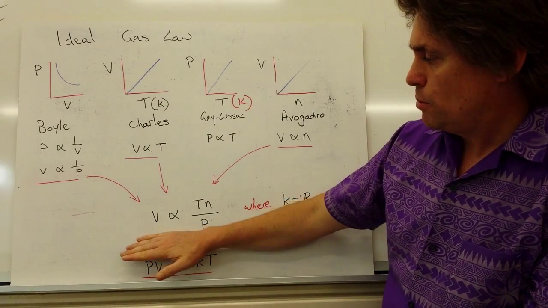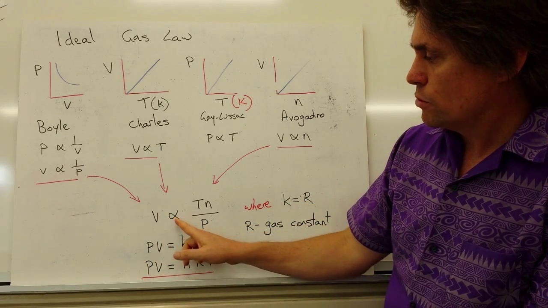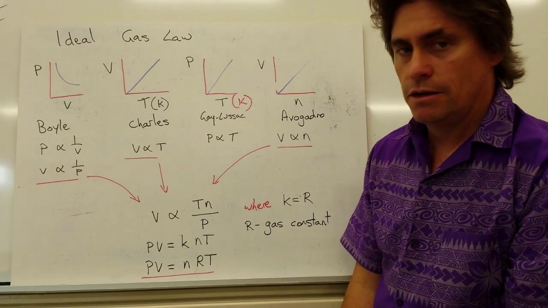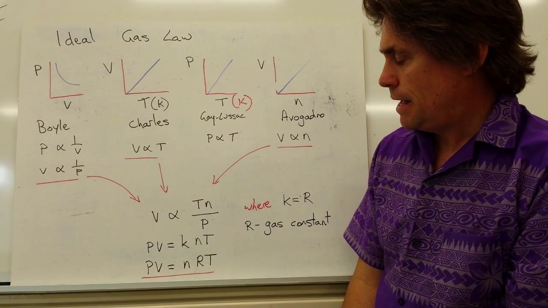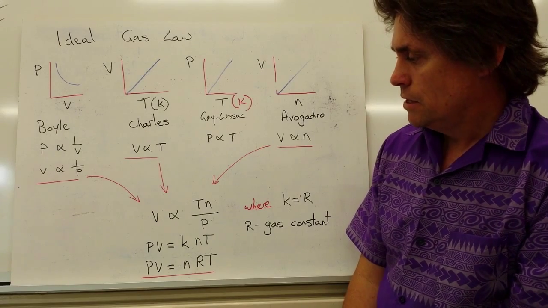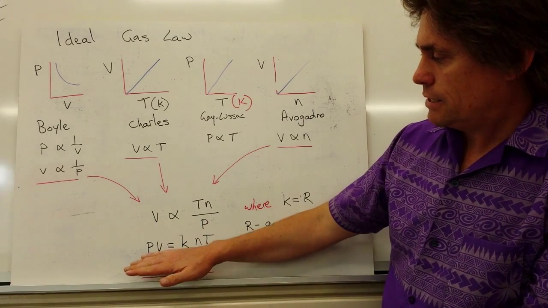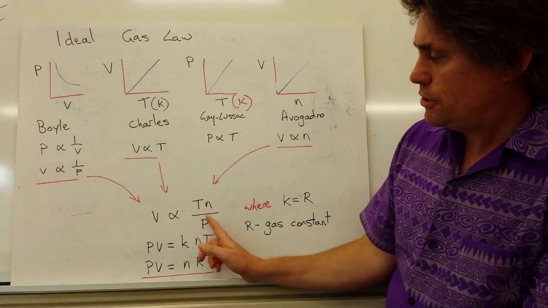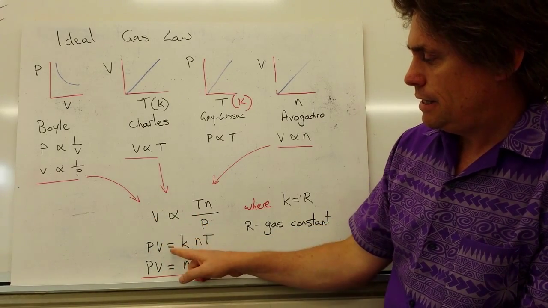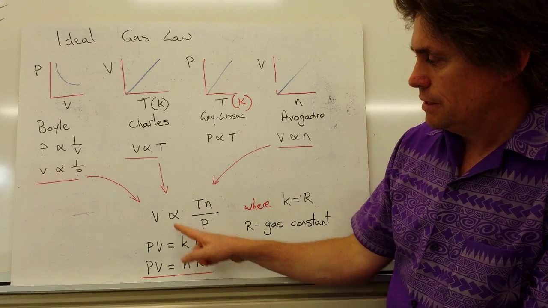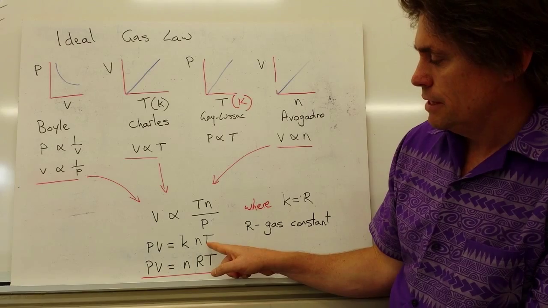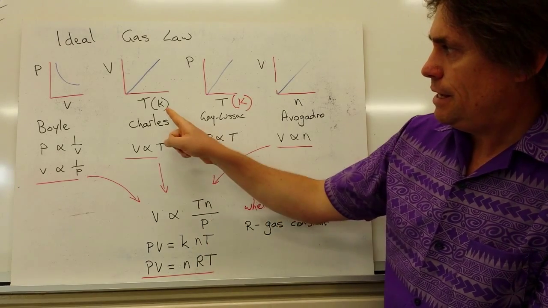And that gives us our proportionality of volume is proportional to T times N over P for these measurements. So from this, we can actually see that pressure times volume, so we transfer our pressure to this side, is equal to some constant, so we take out the proportionality, times the number of moles times the temperature in Kelvin.